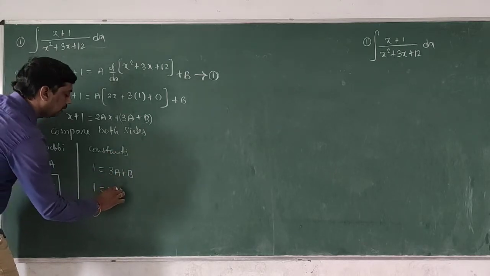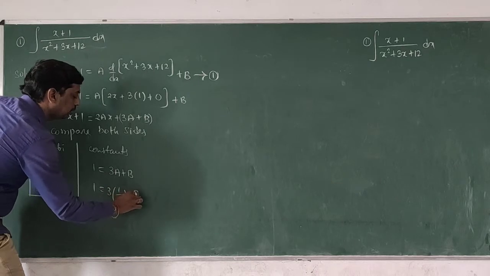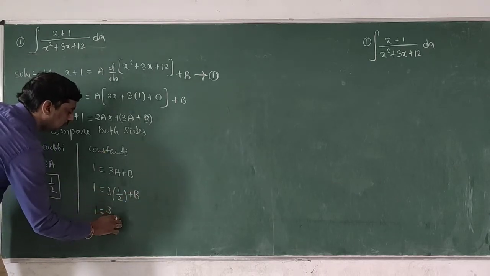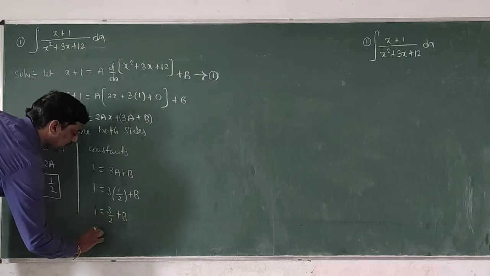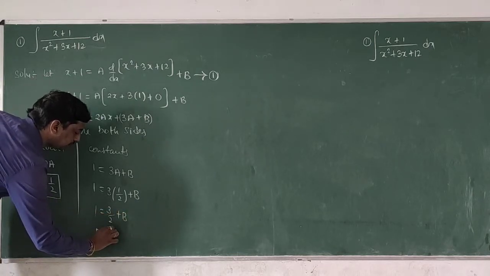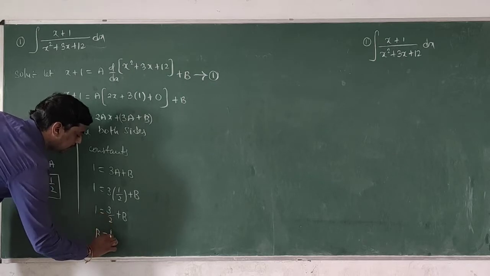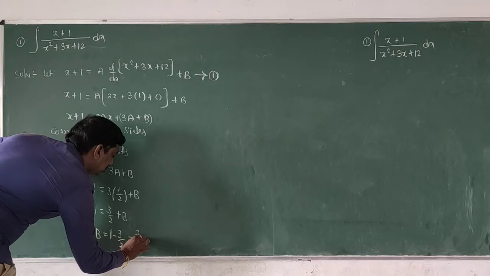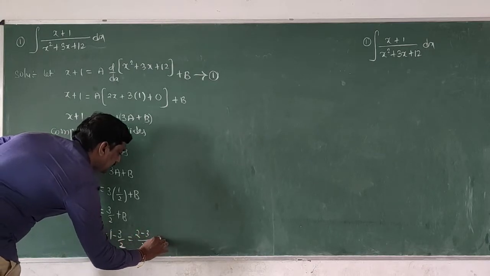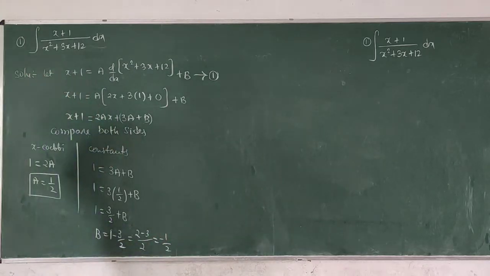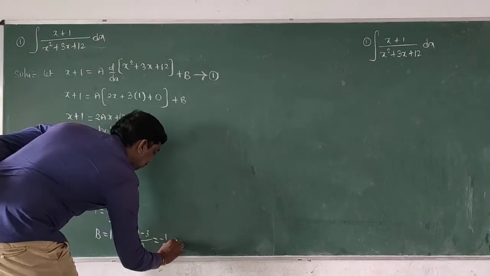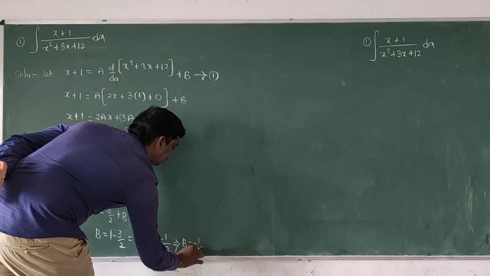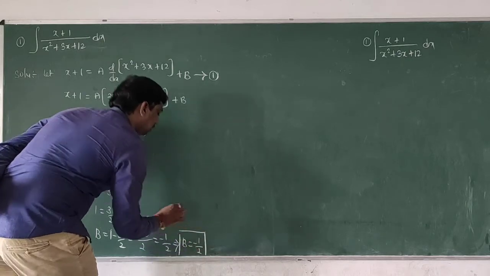How much did we get? 1 by 2 plus b. 3 into 1 by 2, 3 by 2. 1 equal to 3 by 2 plus b. From this, b equal to 1 minus 3 by 2, taking it to the opposite side. Do the LCM. 2 minus 3 by 2, which is equal to minus 1 by 2. What is the b value? b equal to minus 1 by 2.